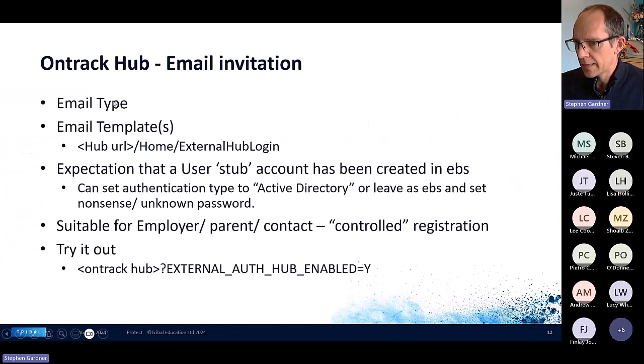So I've demonstrated the email invitation, the fact that you've already got a stub account, a controlled registration. It is still a sign up, but it's a controlled sign up in that you as an institution are defining who has access and what they have access to. In the same way that you can try this out, you can also try this out on OnTrack Hub.